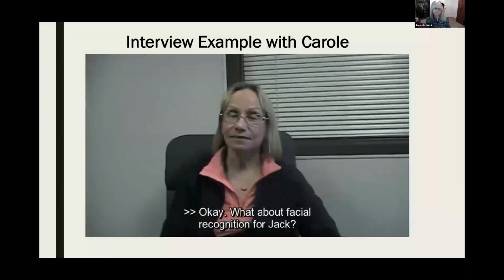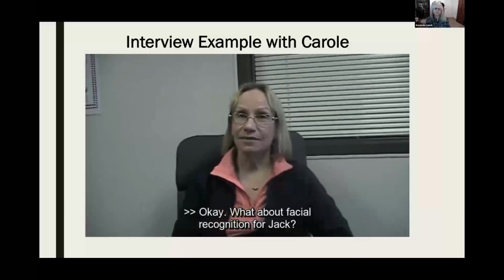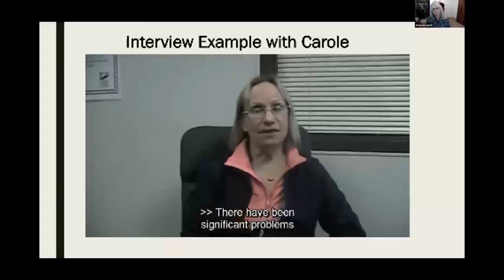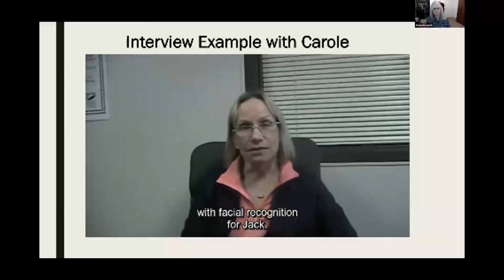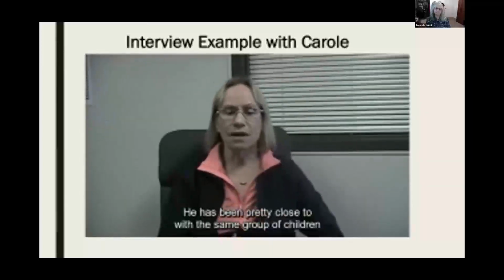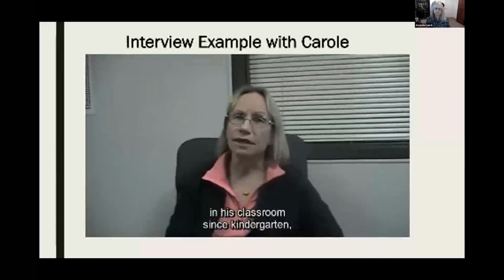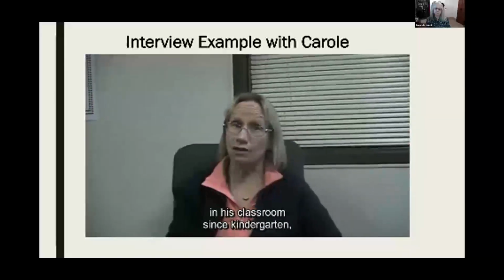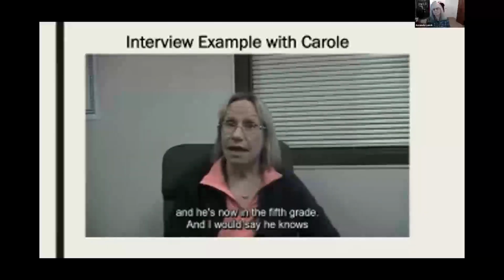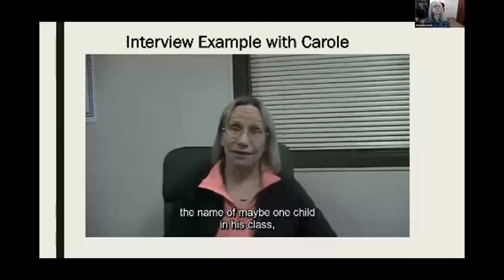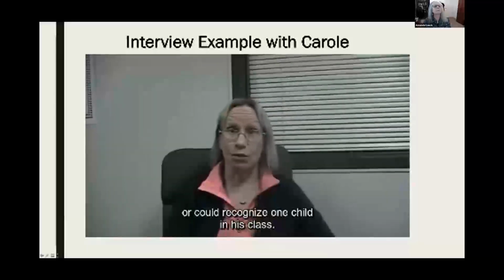What about facial recognition for Jack? There have been significant problems with facial recognition for Jack. He has been with pretty much the same group of children in his classroom since kindergarten, and he's now in the 5th grade. And I would say he knows the name of maybe one child in his class, or could recognize one child in his class.